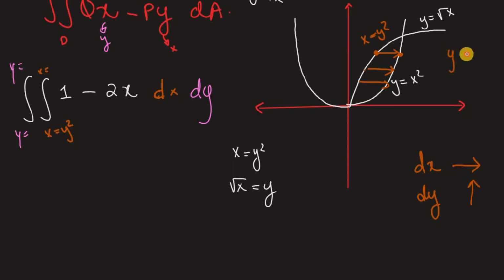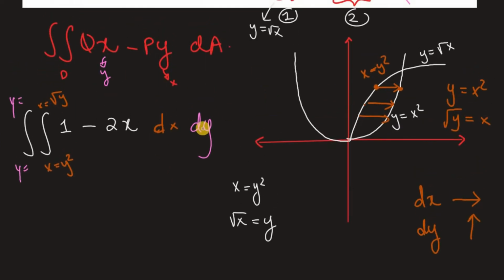To isolate x, we're simply going to square root both sides. So we get the square root of y equals x for this equation. So we got our upper limit as x equals square root of y. Now for the dy, you don't need any equations for the dy.